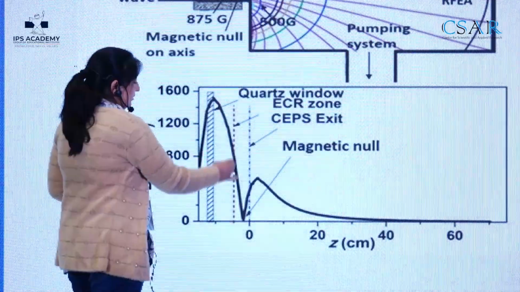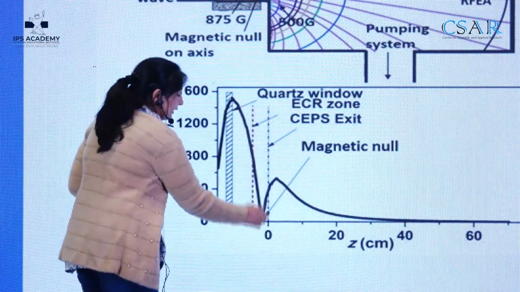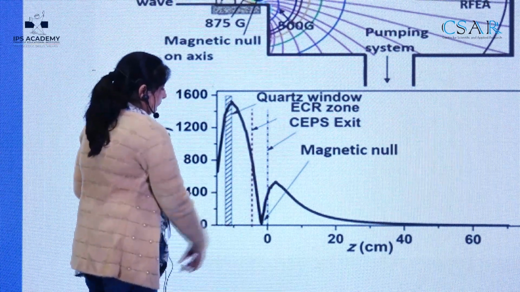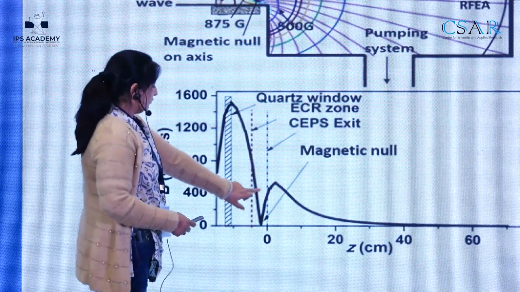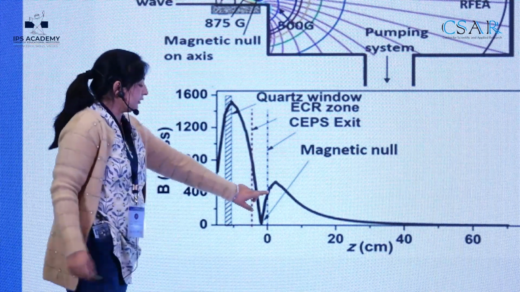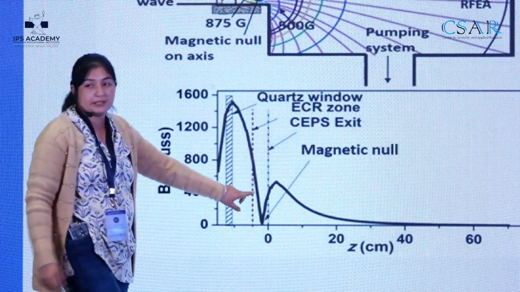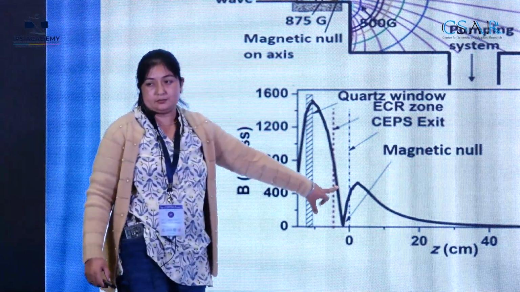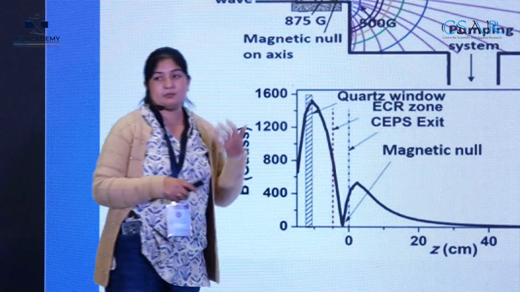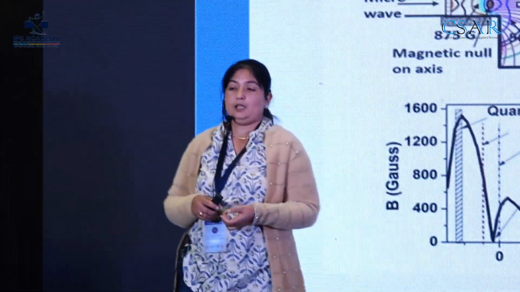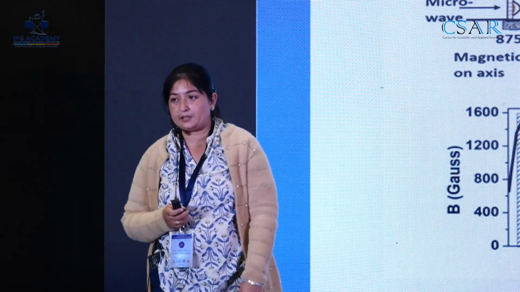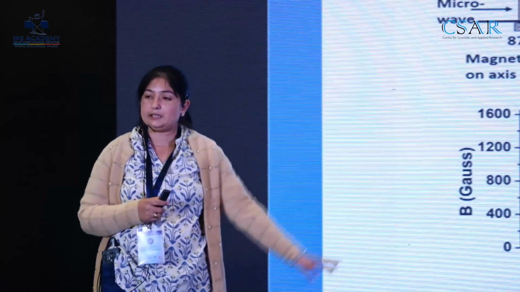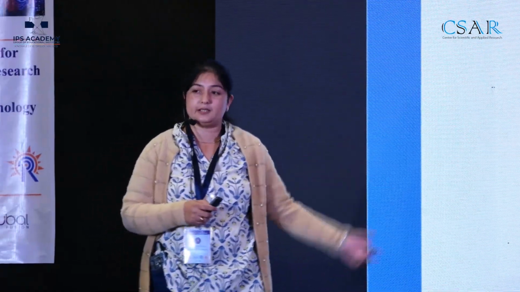The plasma is formed here, but because of this null and this small hump, the plasma is relatively confined here. Because of this confinement, electrons can travel through this ECR zone multiple times, and because of that they can acquire high energies. And because plasma potential is directly related to the electron temperature, we can expect high heating and high plasma potential developing inside the source.